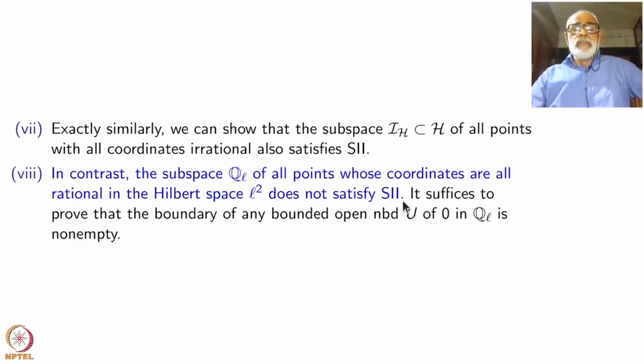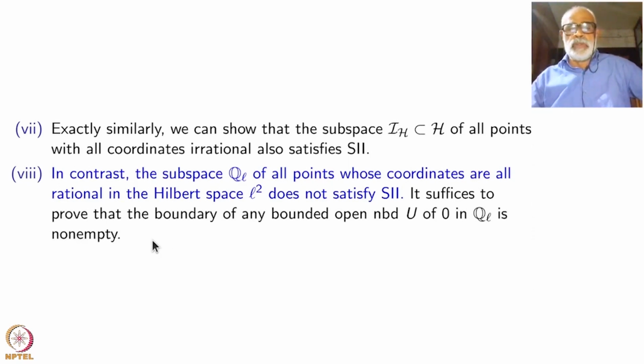So once again, how do you show that something is not S2? It suffices to prove that the boundary of any bounded open neighborhood of 0 in QL is non-empty. So at 0 you can prove that you can't have such a thing. You can't separate 0 by open subsets and closed subsets which do not contain 0.